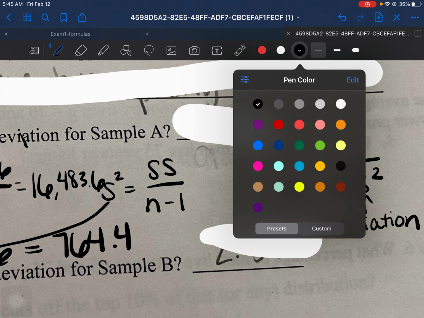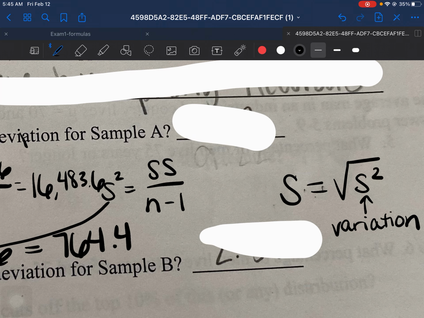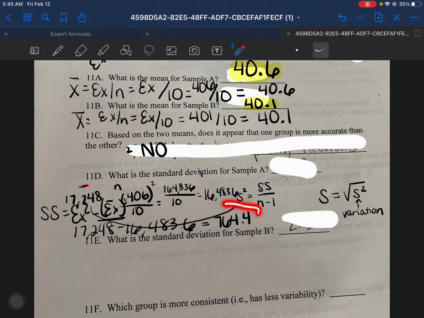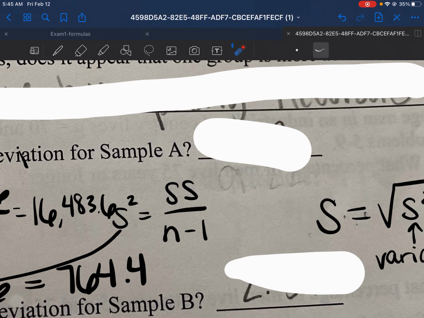Like I said, before we can find the standard deviation, we have to find the variance, which is this formula right here. We just solved for the sum of squares, which was 764.4. So I'm going to put that in my numerator as the sum of squares. Our denominator is n minus 1.